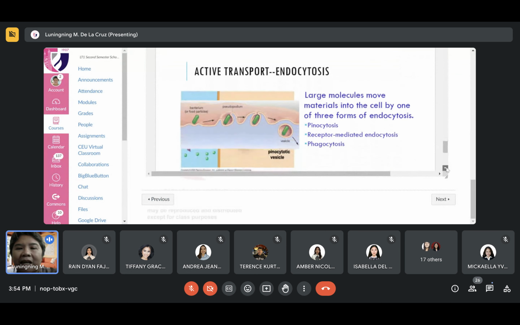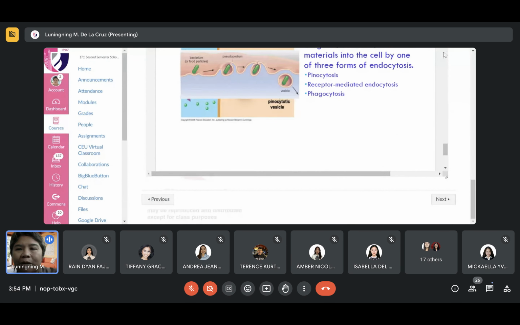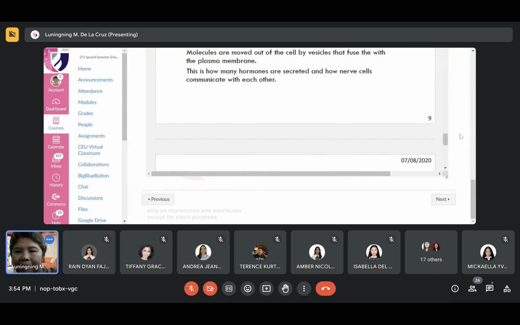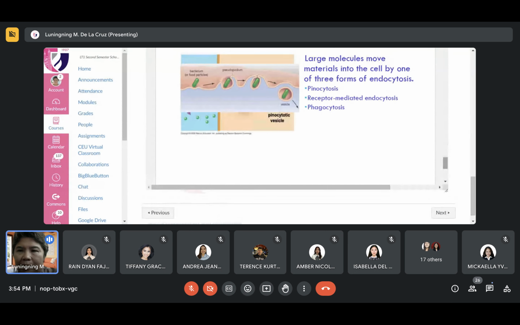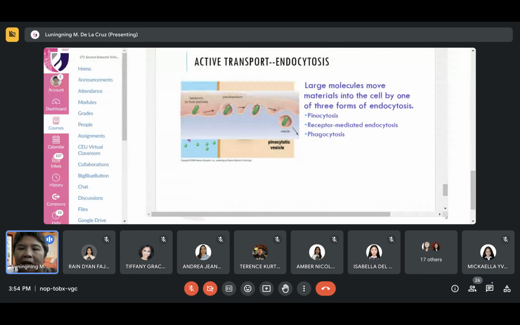The last one is endocytosis. Now, endocytosis is the engulfing. So when we talk of endocytosis, large molecules move materials into the cell body by one of three forms: pinocytosis, receptor-mediated endocytosis, or phagocytosis. So you see here that there is a bacteria from food particles.